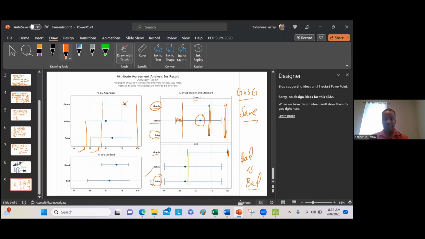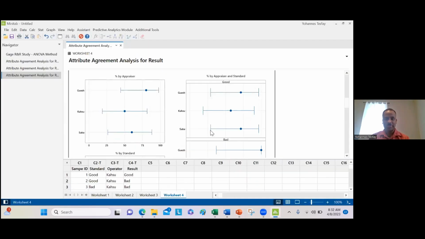She's almost the same as Kasu right here. So when you give training, Saba needs to learn how to detect bad parts as bad. But Kasu needs training for both good and bad parts. Kasu is the most problematic person.